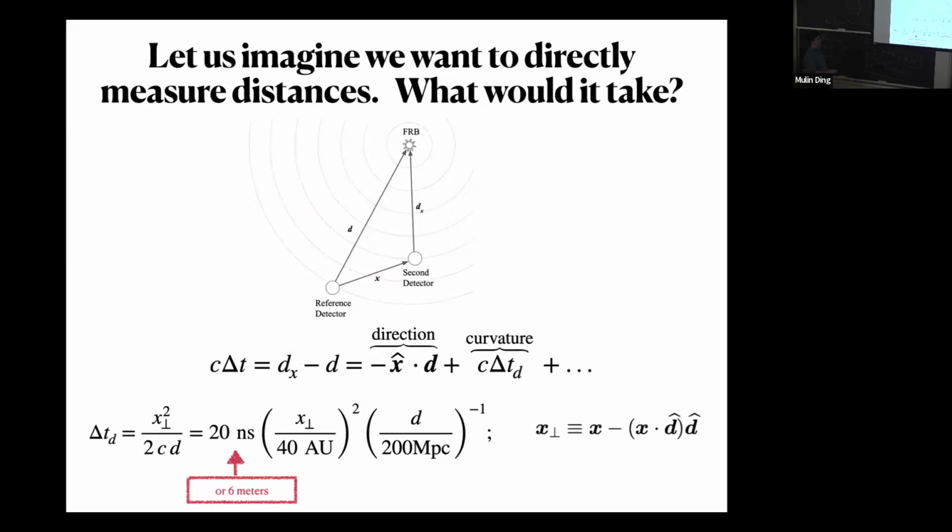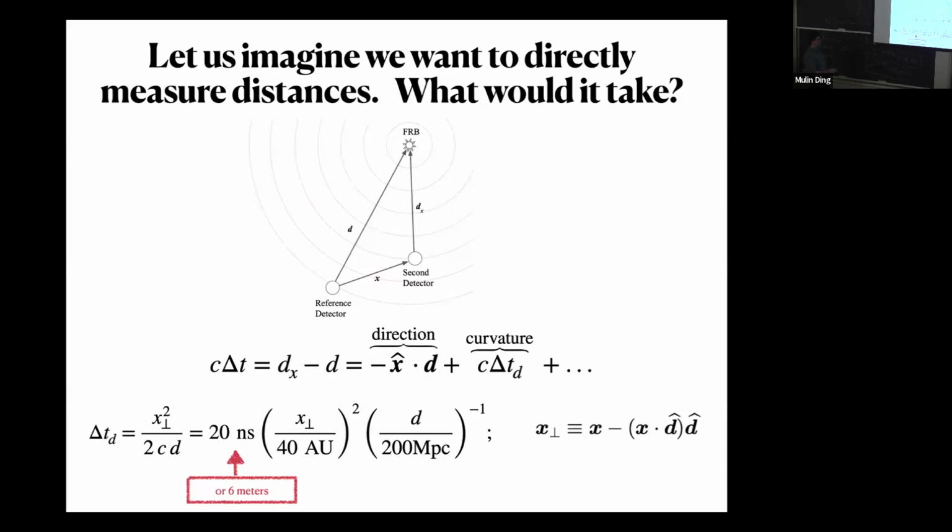And then you could do an expansion, and you can write this in terms of the direction that the source is coming from. This is the term that is usually kept in radio astronomy, for example. And then there's another term that owes to the curvature of the wavefront. You can write this curvature term as the baseline length squared, with some projection, divided by 2cD, where D is the distance.